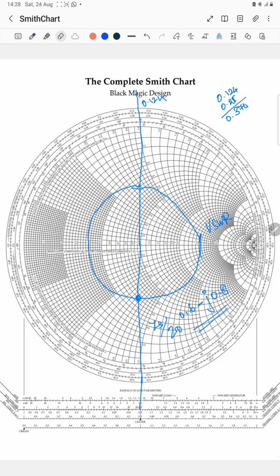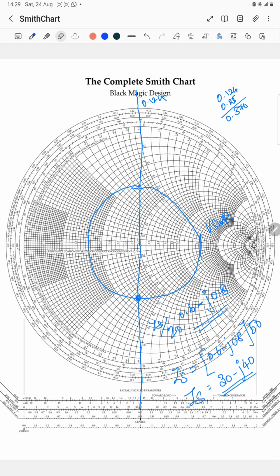To find the input impedance, Z is equal to this 0.6 minus j0.8 multiplied by the value of Z0, which is nothing but 30 minus j40. This is the value of ZS.